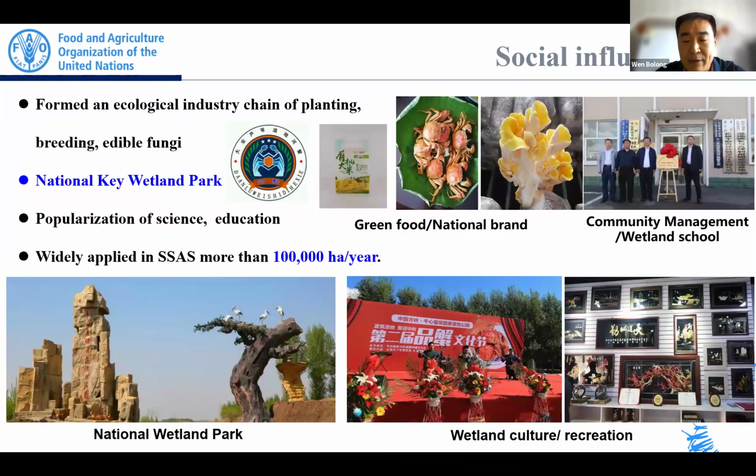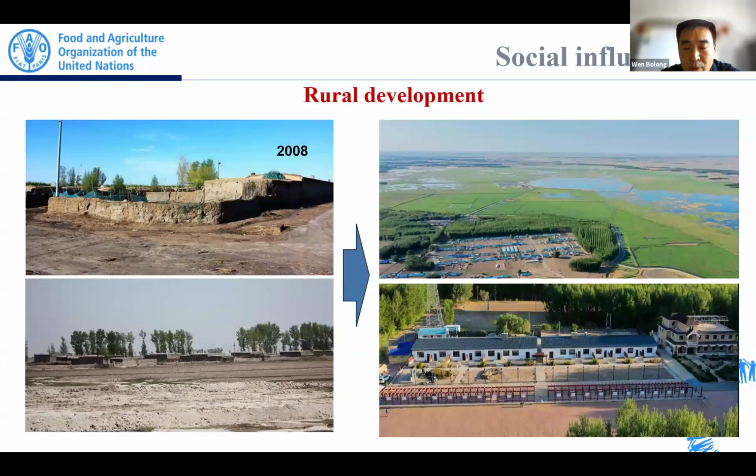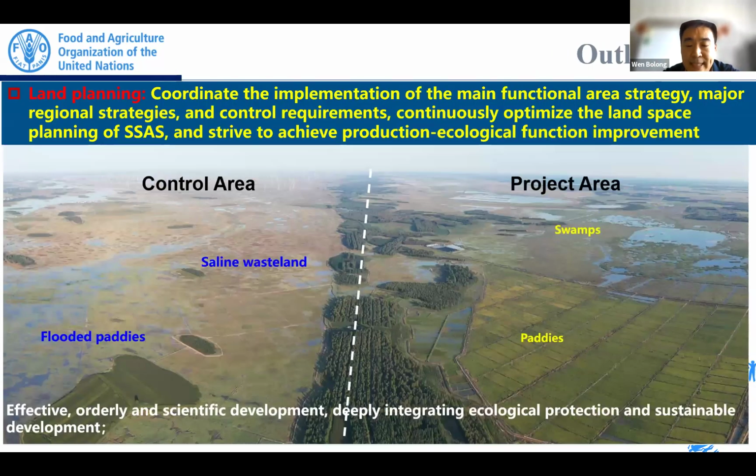The scale of our technology applications is rapidly expanding, and various social benefits increase quickly. Rural communities undergo historic transformation. We can see the huge change. Finally, there are a few outlooks.